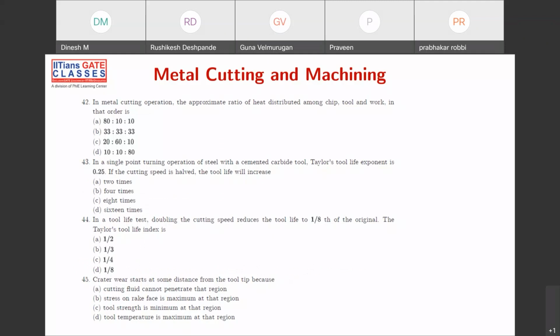In the previous class I clearly mentioned, you can even revisit the recording on YouTube. There are 3 zones. The primary zone is in between... tell me, primary zone is between what? There are 3 things here: chip, tool, and workpiece. Primary zone is between which two?